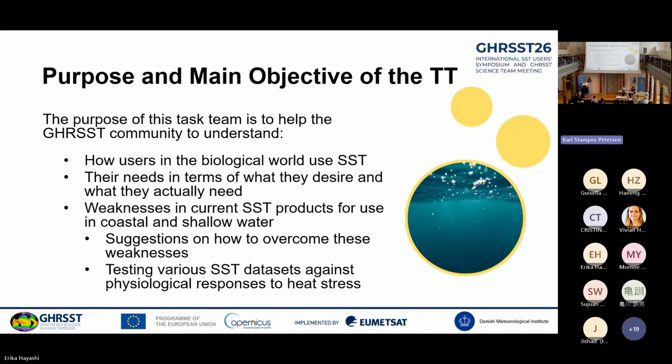So the purpose of this task team is to help the GHRSST community understand the needs and requirements for the biological world in terms of sea surface temperature, to help them understand how the biological world view the sea surface temperature products that we produce, and to try and help by suggesting weaknesses from the perspective of biologists.